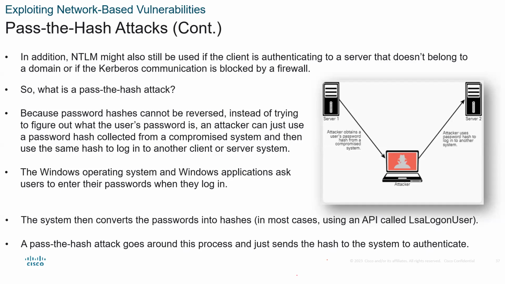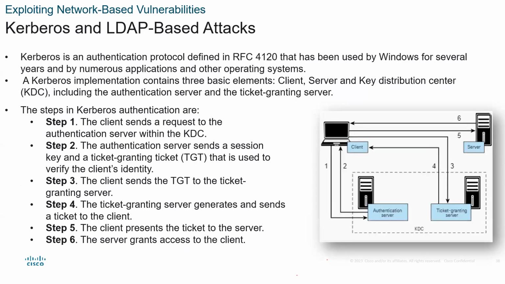So a pass the hash attack goes around this process and just sends the hash to the system to authenticate. Each time you log in, it copies all of this and sends it to a database where it can apply a particular decipher to unhash it. You'd realize that some systems don't list the number of characters once you type in your password. That's one way to mitigate against it.